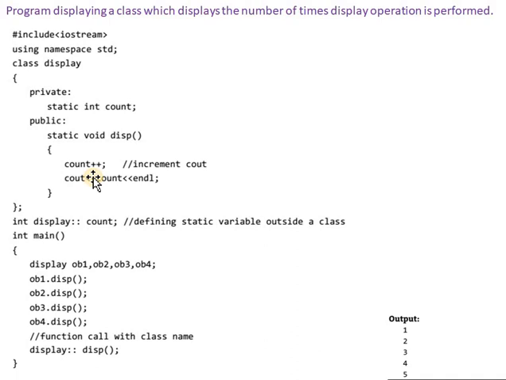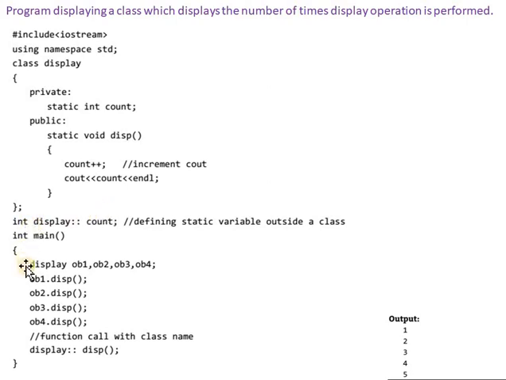Then the static variable is defined outside of the class. How to access it? First specify the data type, then the class name, and after the class name apply the scope resolution operator, and then the static data member name, which is count.